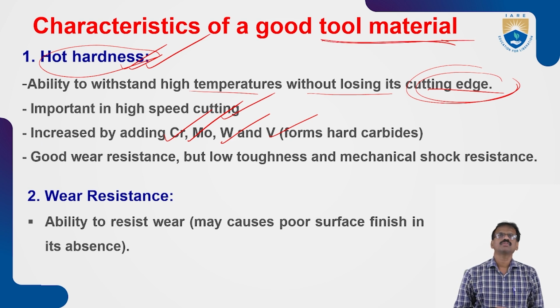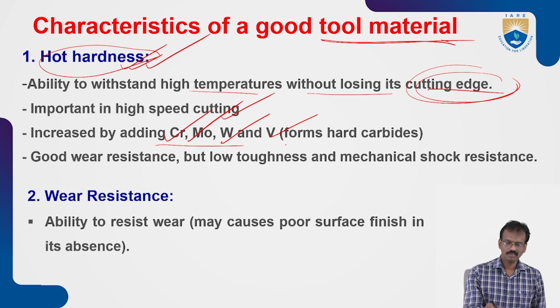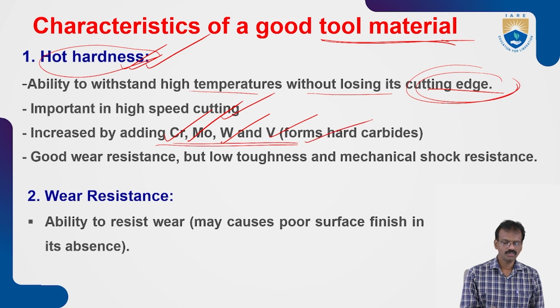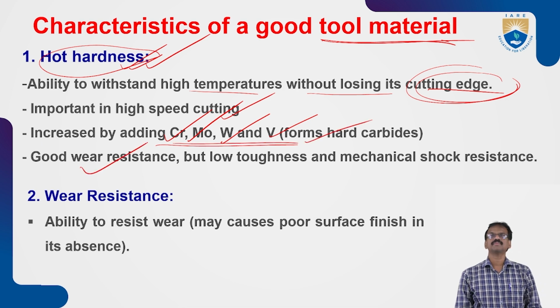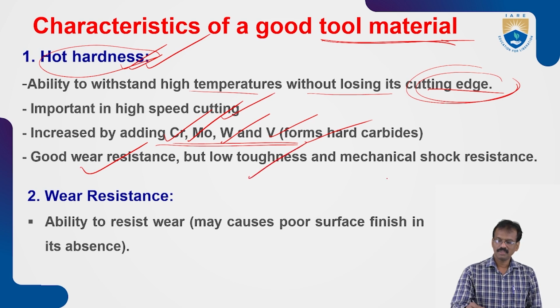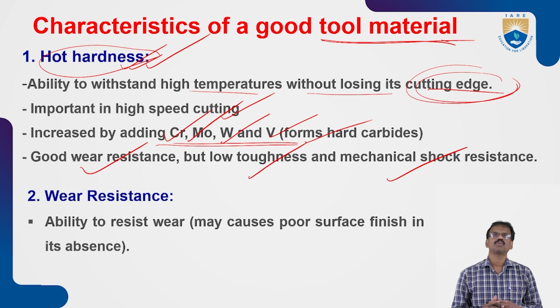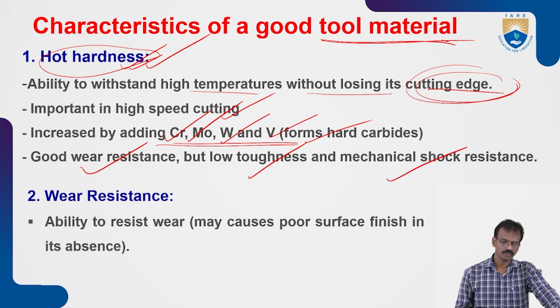These alloys give good wear resistance, and also good toughness and mechanical shock resistance. We'll see what percentage of chromium, molybdenum, and vanadium are added to different tool materials. We'll see those things also.